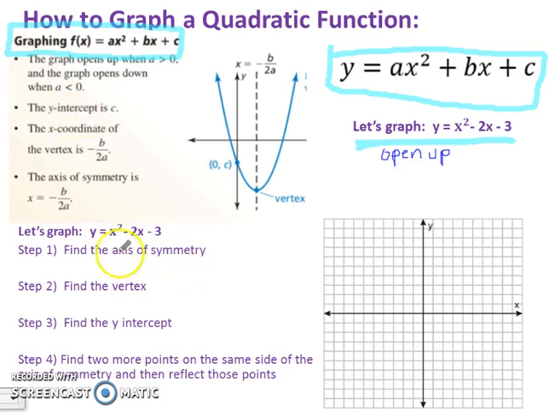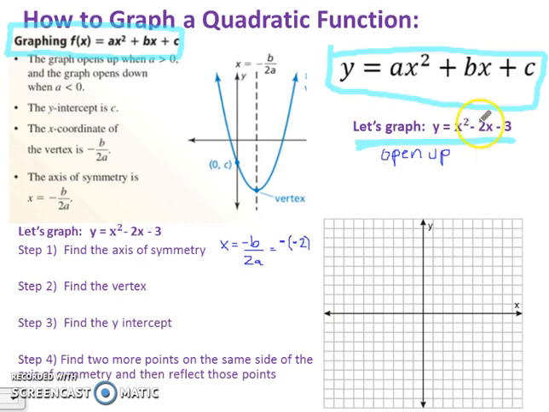Then let's start with our axis of symmetry. To find the axis of symmetry, remember that the equation will be x equals negative b over 2a. And what is our b term? Our b term is negative 2. Here it's negative b, and my b happens to be negative, so I have to put 2 negatives in there.